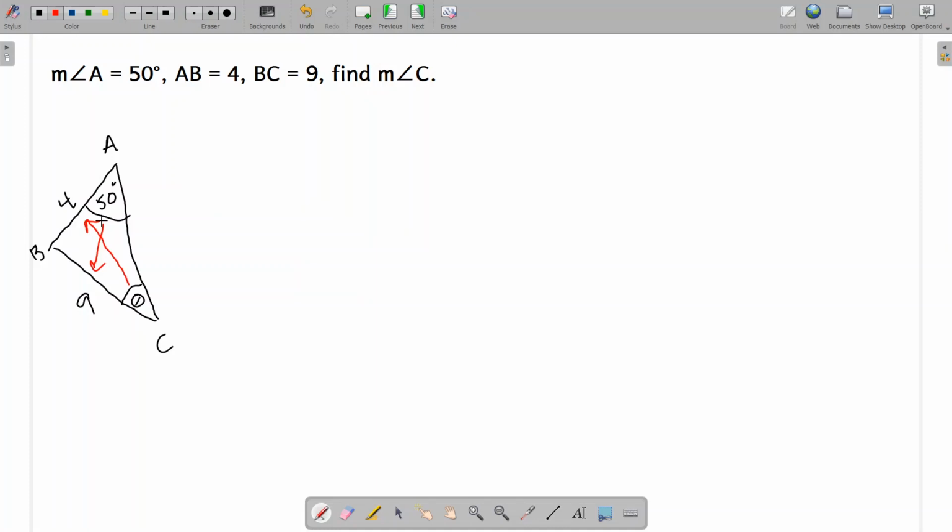So we're going to go ahead and set it up here. We have 4 over sine of theta equal to 9 over sine of 50. Now, because sine of theta is in the denominator here, we're going to have to do a little bit of work.